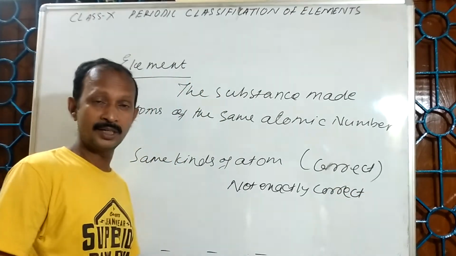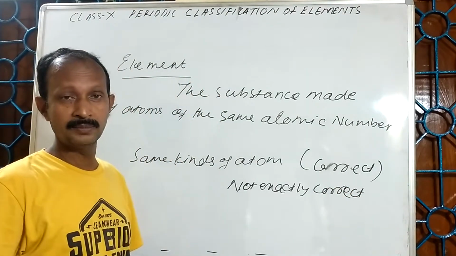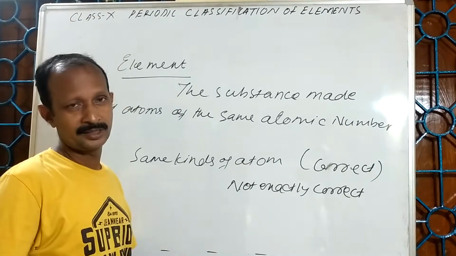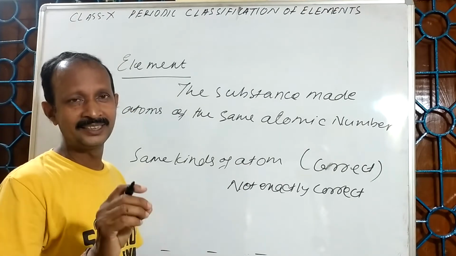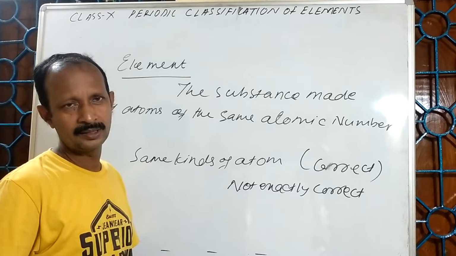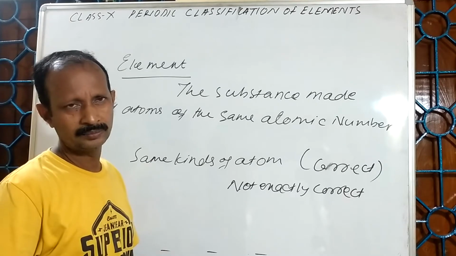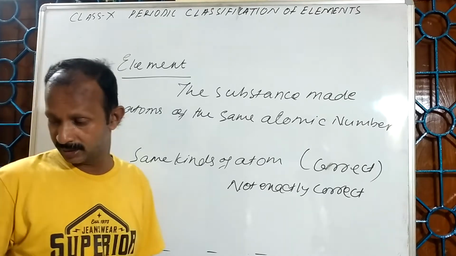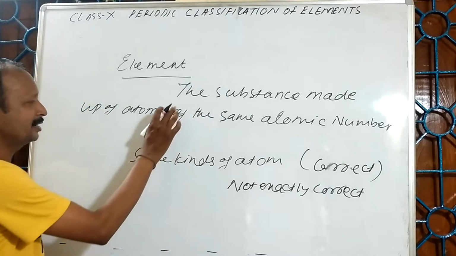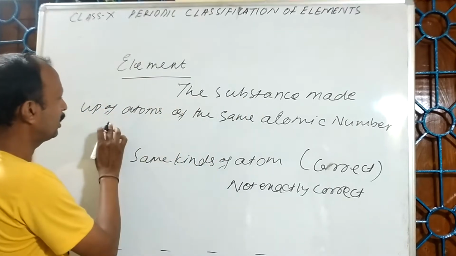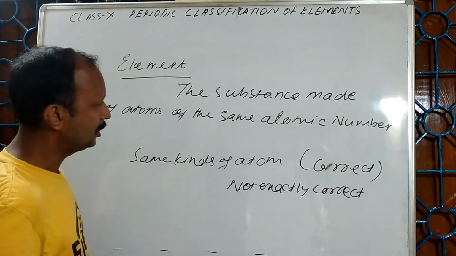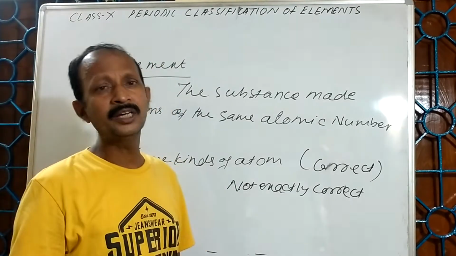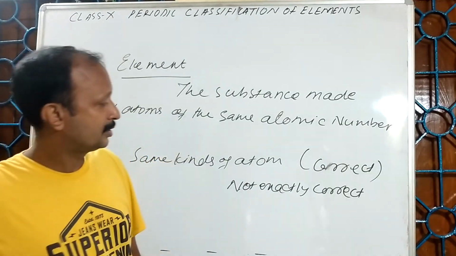If I say substance made up of similar kind of atoms, it is correct, but not exactly correct so far as 10th class is concerned. Then what is correct and what is exactly correct? Exactly correct is the substance made up of atoms of the same atomic number. I shall give one example.